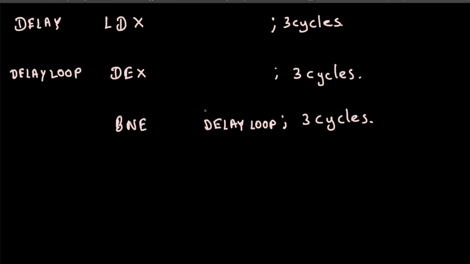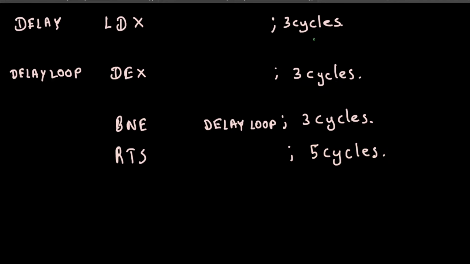So I had to add some extra delays. Also, after it becomes 0, it has to end, and for that we need to use RTS, and that is going to take 5 cycles, so I had to decrement that one as well.